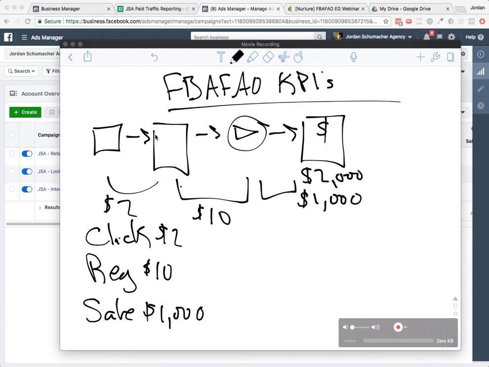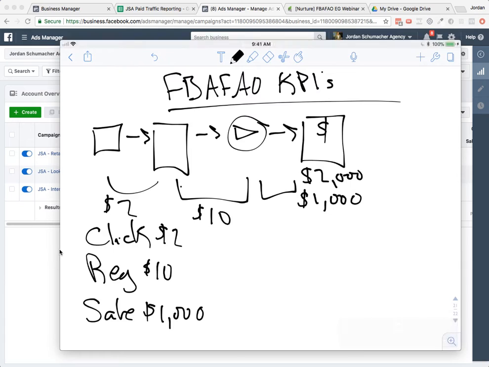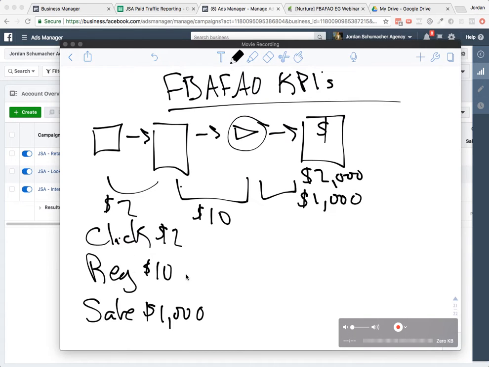And assuming this landing page converts at 20%, $2 per click will get me to a $10 average cost per webinar registrant, which, assuming this webinar converts at 1%, will get me to a $1,000 cost to acquire a customer, which will be within my 2x ROI, assuming my average order value is $2,000.